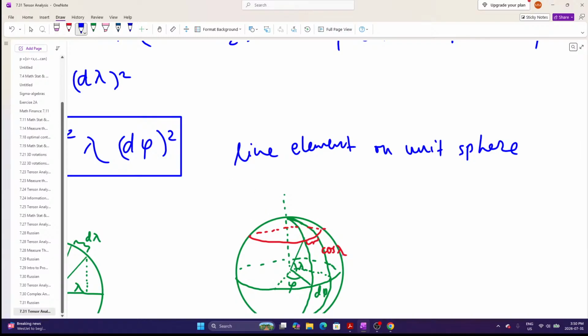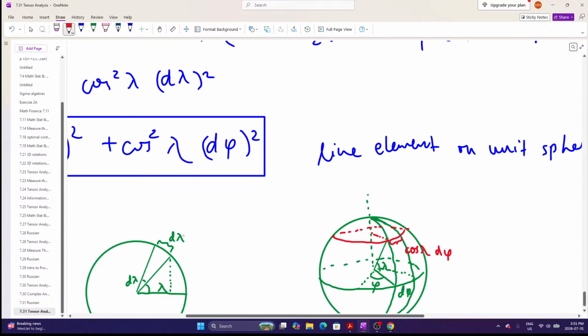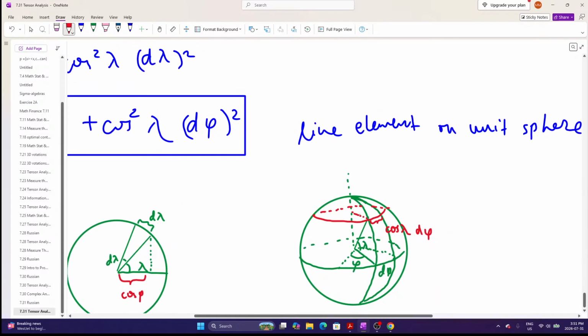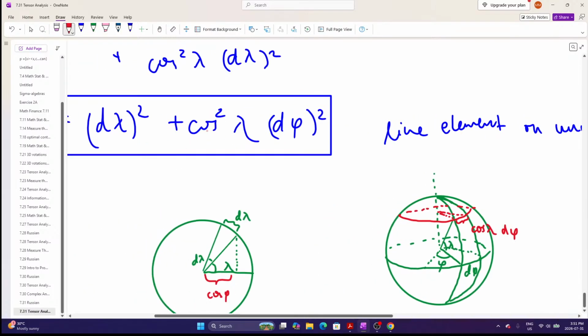And by the way, this is not just cosine of lambda, but rather cosine of lambda d phi. Cosine of lambda is this radius here. Look at the picture. When phi changes, it creates this new meridian which intersects with the red circle, and the little piece of arc that's created in the process is cosine of lambda times d phi.